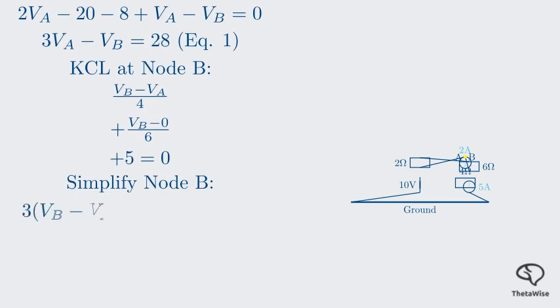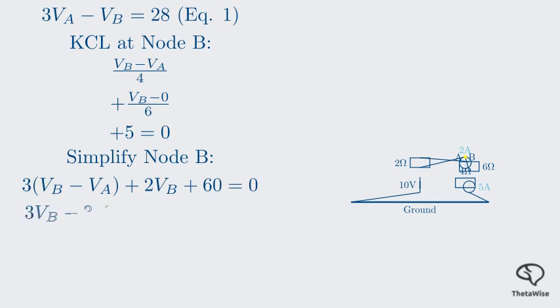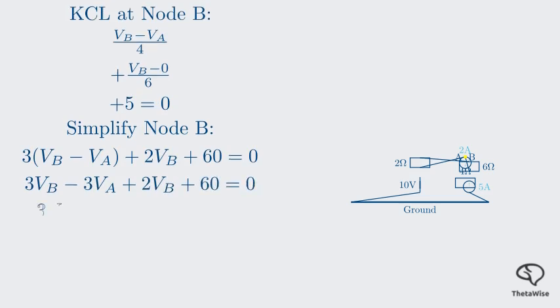That gives us 3 times VB minus VA plus 2VB plus 60 equals 0. Expanding gives 3VB minus 3VA plus 2VB plus 60 equals 0. Combining terms, we get minus 3VA plus 5VB equals minus 60. Let's rewrite this as 3VA minus 5VB equals 60.